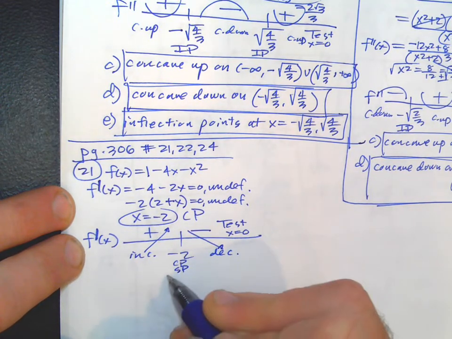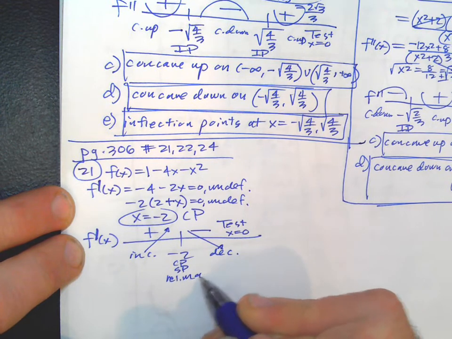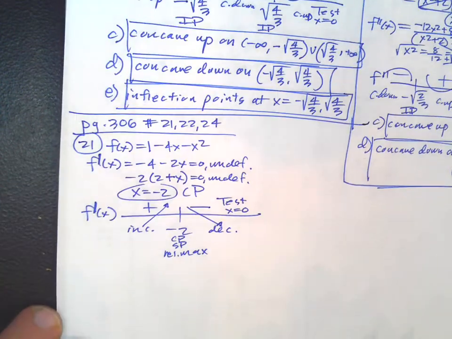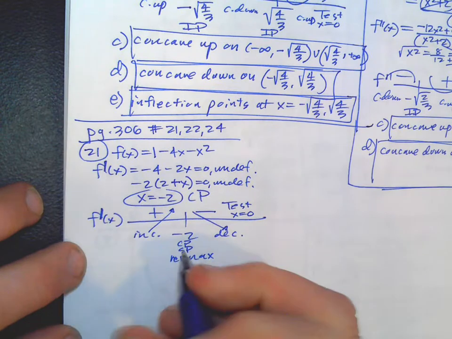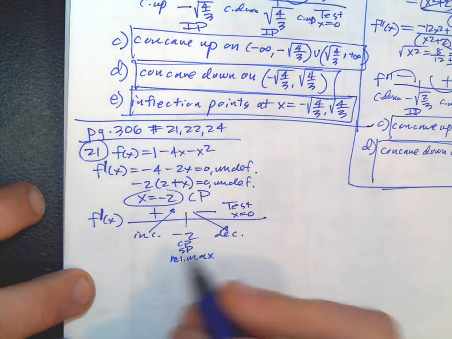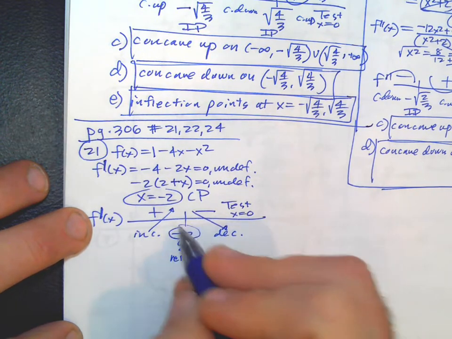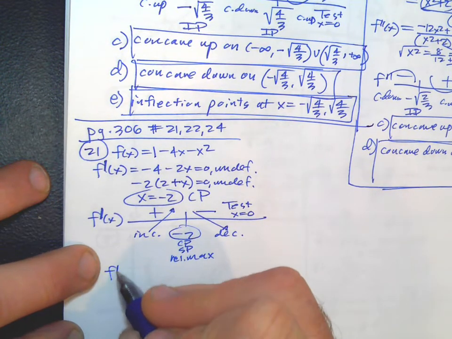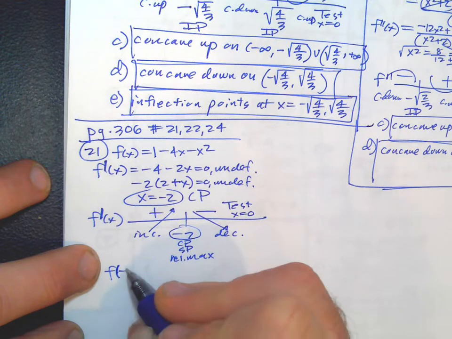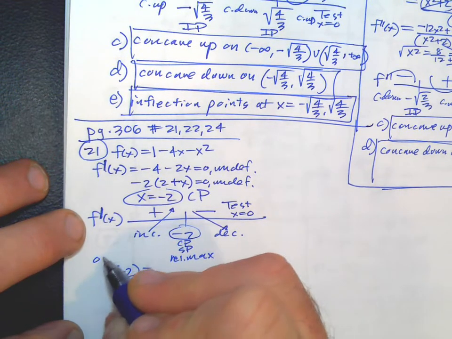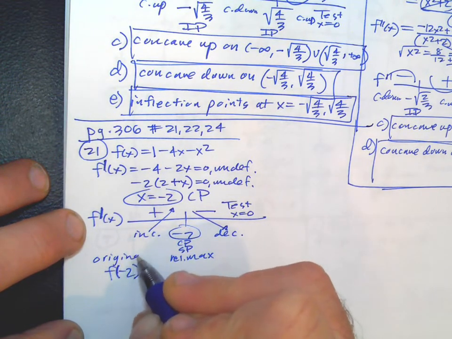But look, that's a relative max. And that's what you're looking for on this. You're looking for relative extrema. Now we don't actually know what the relative max is right now. This is where it's at. But to get the relative max, you have to plug this value into the original function to get the y value of the original function.